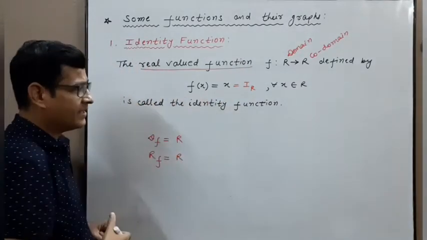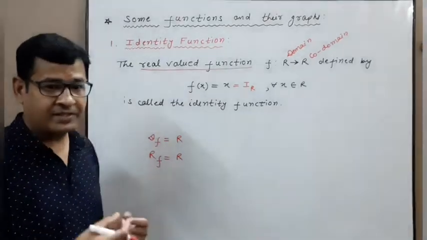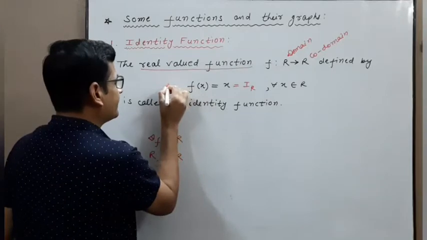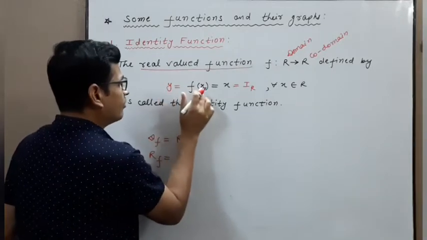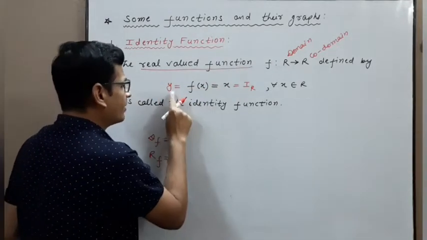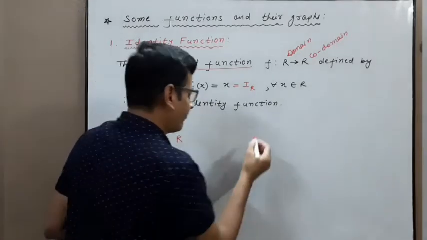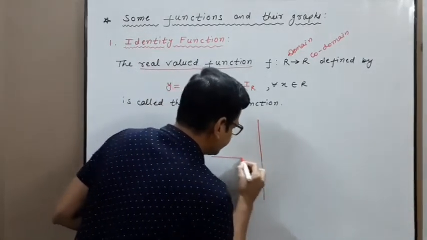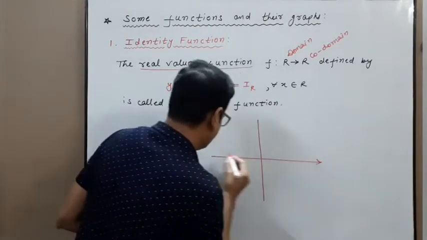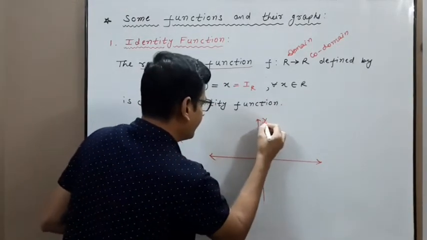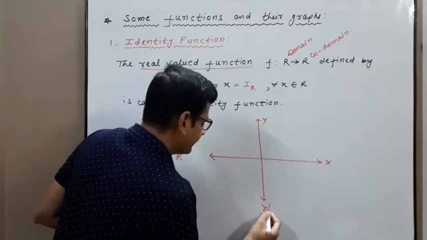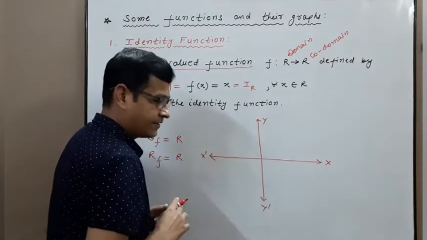Now the graph of the identity function. For a graph we need 2 points, x and y. So let us consider f(x) as y. So y equal to f(x) equal to x. So we have to draw the graph of y equal to x. And everyone knows the graph of y equal to x. Y axis, x axis, negative y axis and negative x axis.